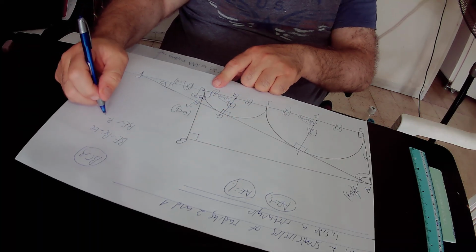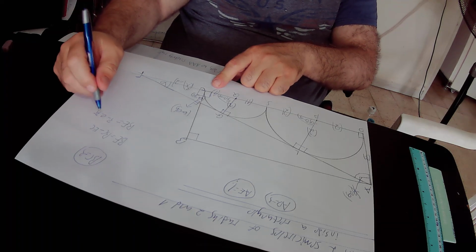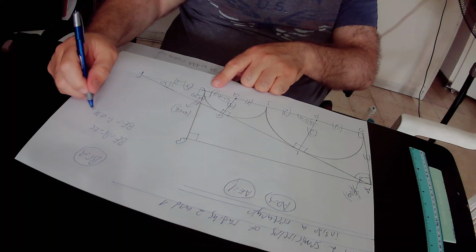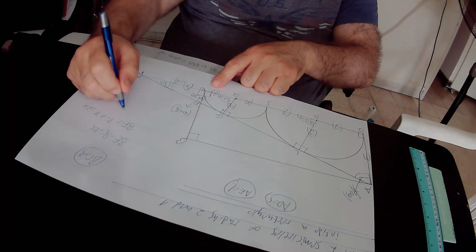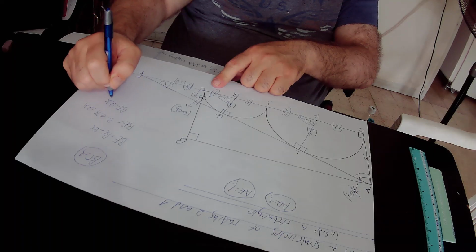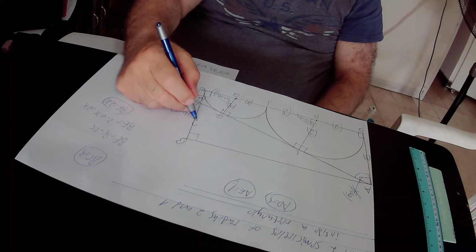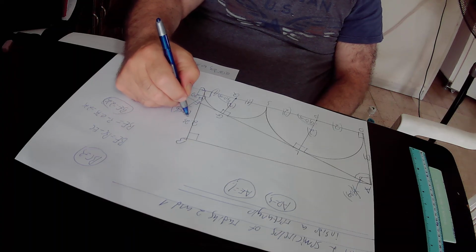EC is 0.75. So in total, BE equals 3 minus 0.75, that is 2.25. So BE equals 2.25 units in its length.